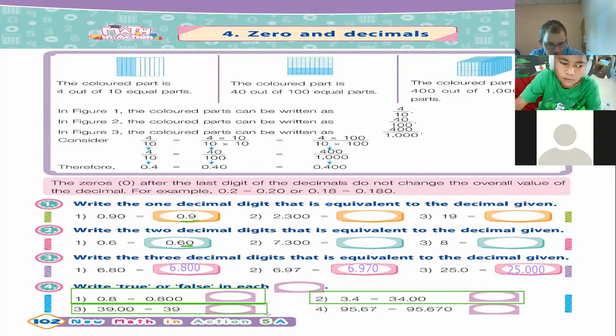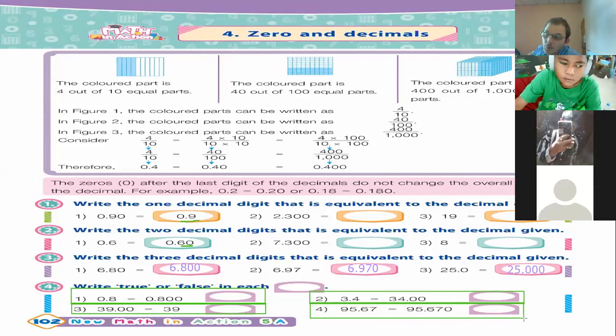Anyone? Give me an answer. True or false? Let me hear an answer. Must I call someone's name? Or will someone answer? True or false? Is 0.8 equal to 0.800? True or false?